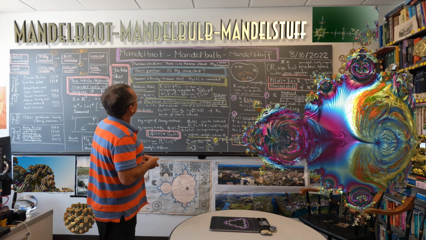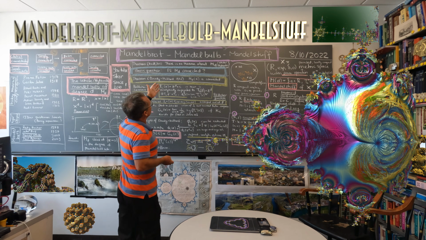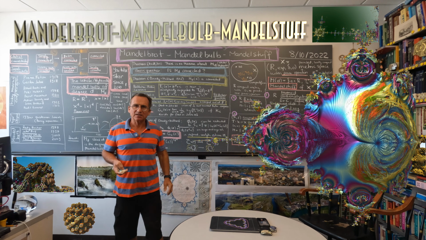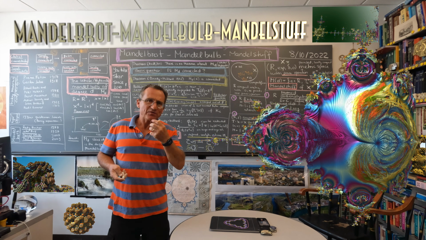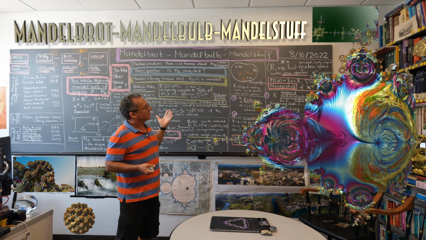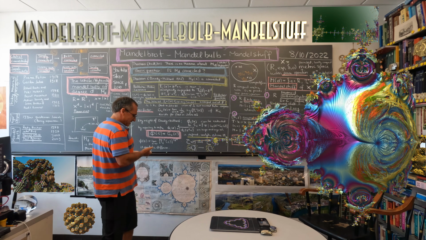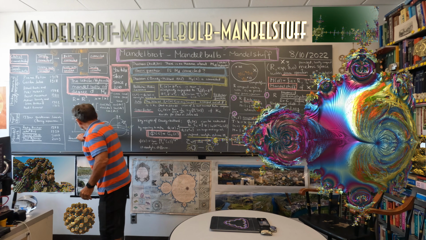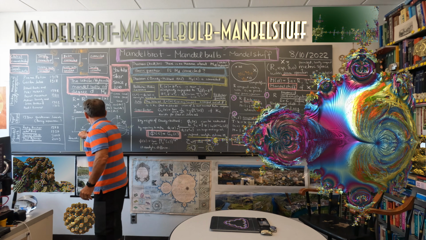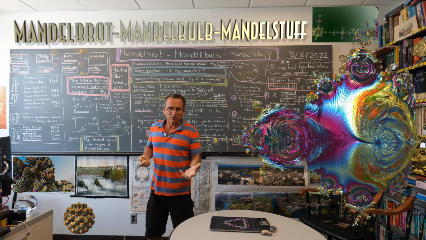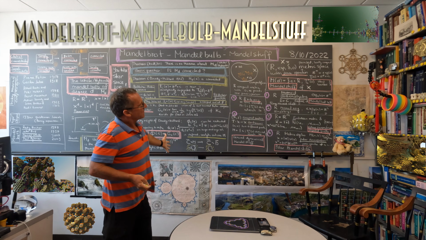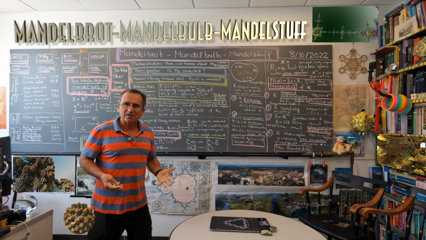So it's unknown whether it's connected. I believe it's connected if you look at the pictures, also because the slice is connected by Douady and Hubbard, and so you expect that to be connected too.